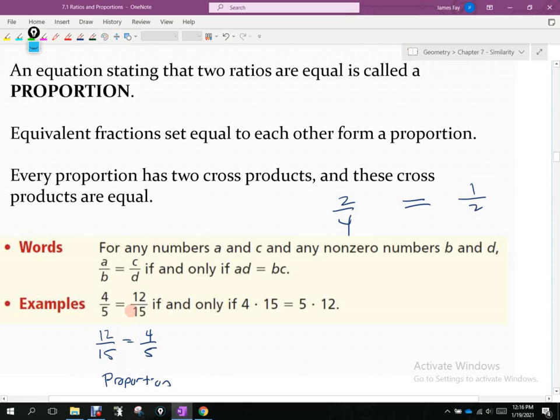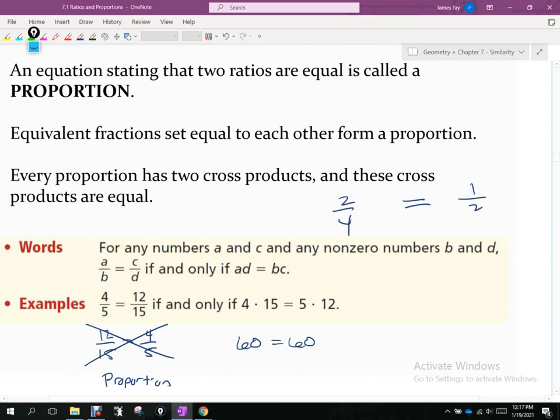Okay, it says every proportion has 2 cross products. These products are equal. Okay, so if something is a true proportion, I should be able to take that product. So what's 15 times 4? 60. And I should be able to take that product. What's 12 times 5? 60. And that should always be true if the 2 ratios are indeed equal.